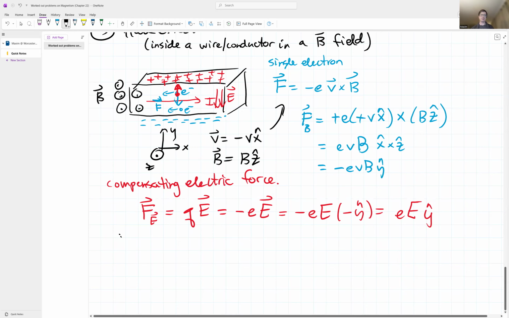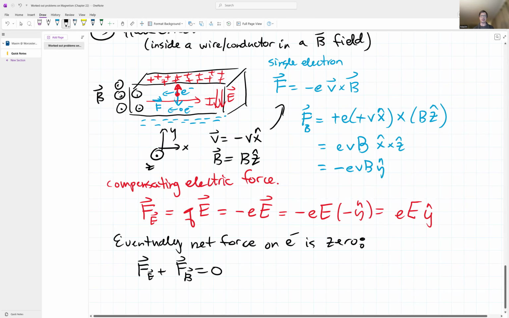So eventually, the net force on the electrons is zero. That means the forces must sum to zero: the force due to the electric field plus the force due to the magnetic field has to equal zero, eventually, after the electrons have collected and established this electric field to compensate for the magnetic force.